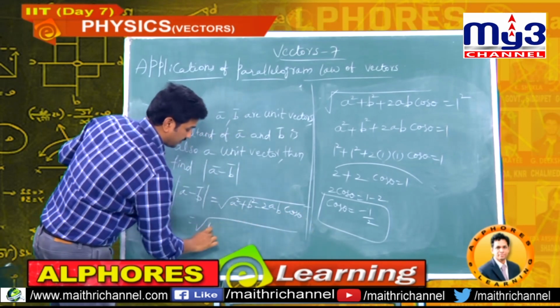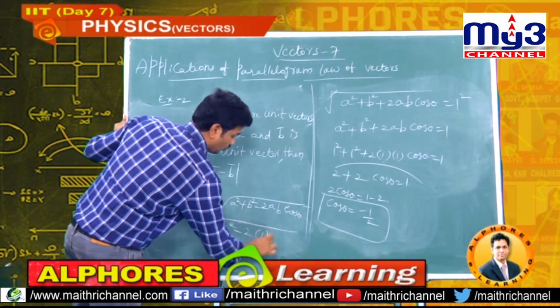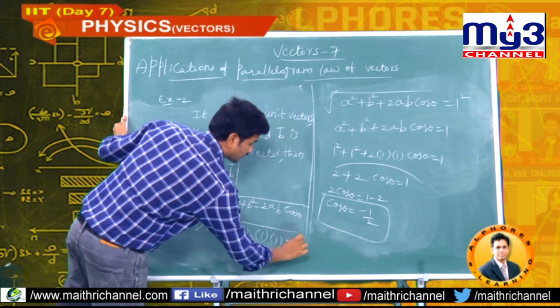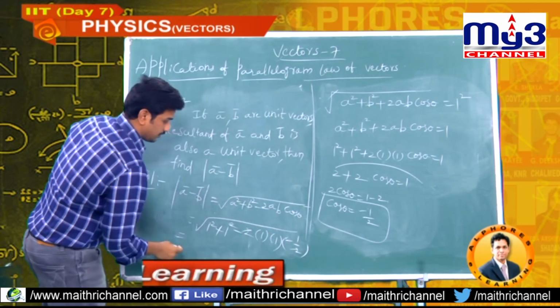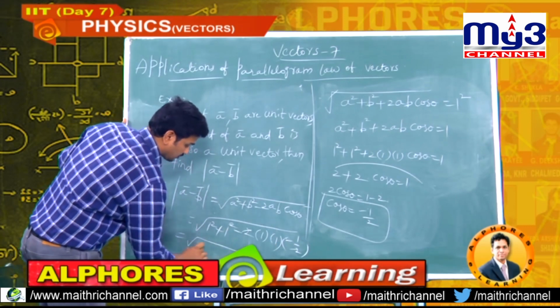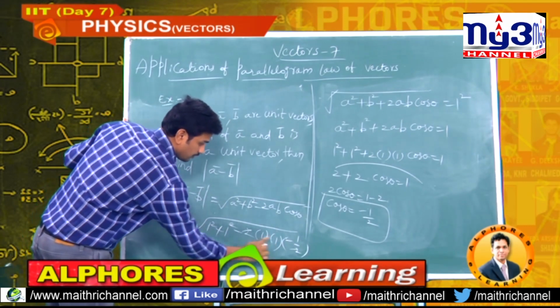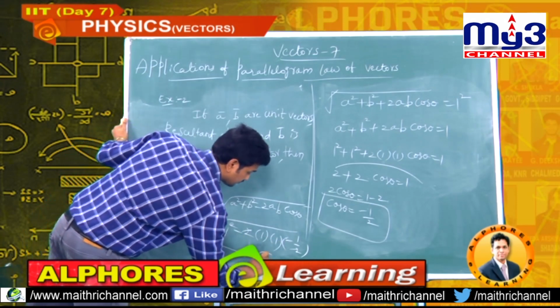A value 1, b value 1, minus 2 into 1 into 1 into cos theta value minus 1 by 2. Now 2 cancels, minus into minus is plus. Now root of 1 plus, minus of minus is plus, everything is 1. Now what is the answer?